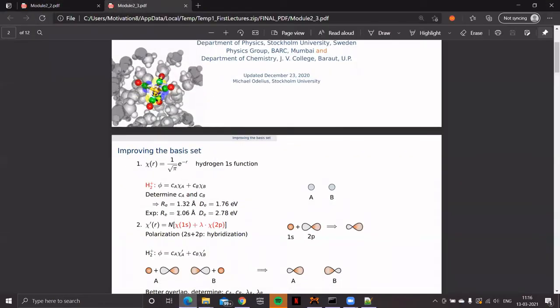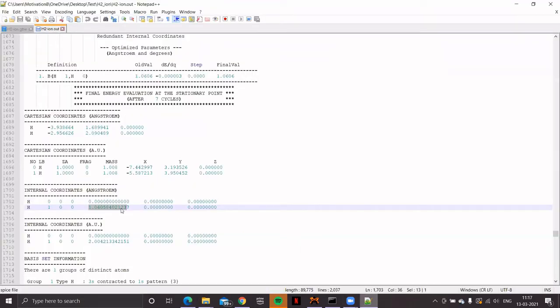And the experimental value is, oh, perfect. Using the hydrogen 1s orbital, the bond length was found to be 1.32 angstrom. The experimental value is 1.06 angstrom, but using STO-3G, what we have got is again 1.06 angstrom, exactly matching the experimental value, very close.